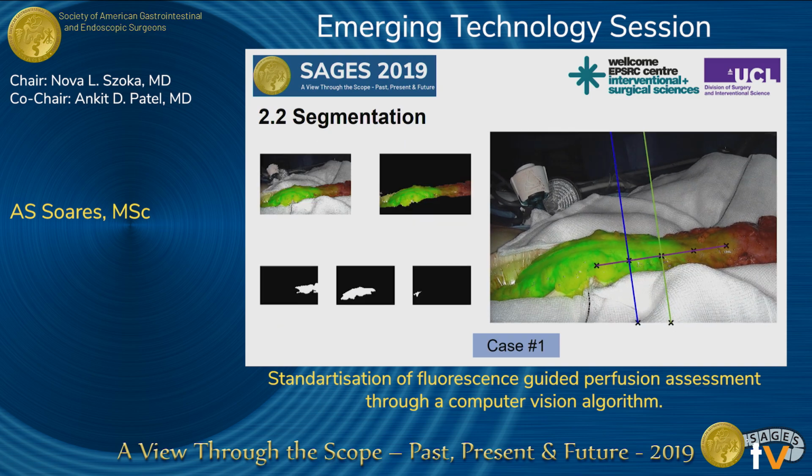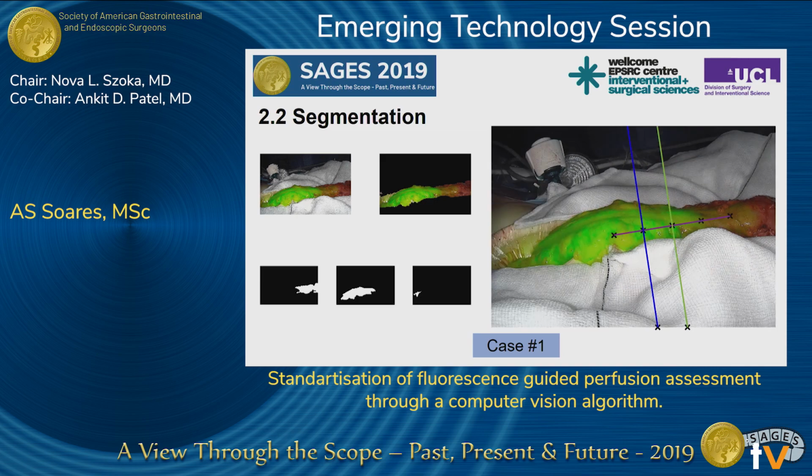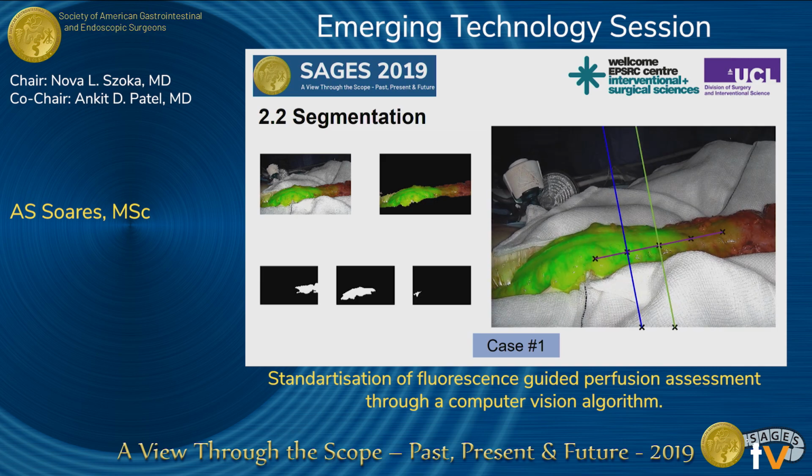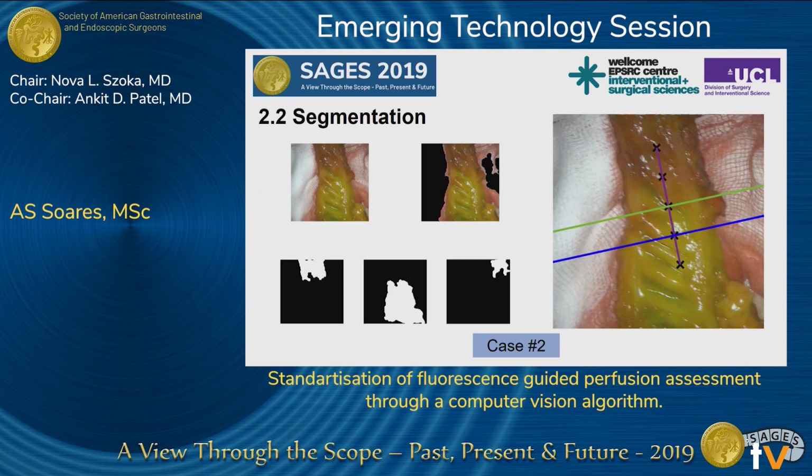Now this is what it looks like in sequence on the video. And here you can see another case where we have first foreground-background segmentation. You can see here the bloody swabs introduce an element of error, which I will address in the limitations. But again, you get an optimal transection area here.